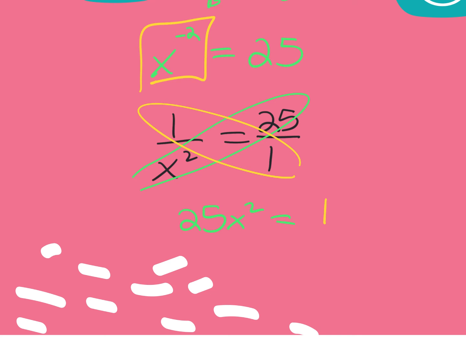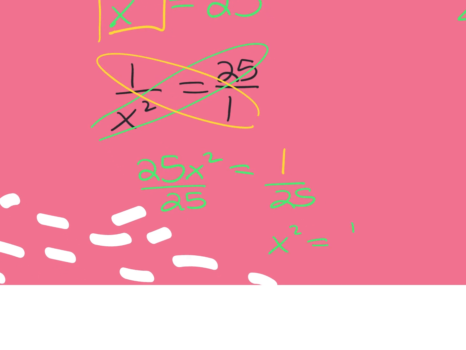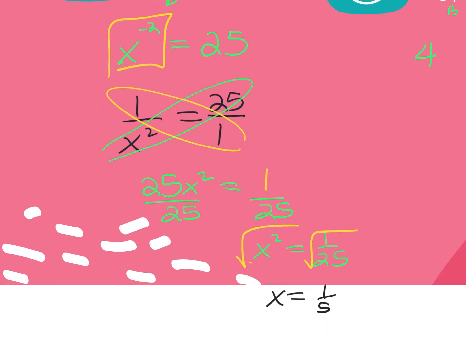Divide by 25. x squared equals 1 over 25. Square root both sides, and x equals 1/5. Again, I don't want my base to be negative, so I don't keep the negative 1/5.